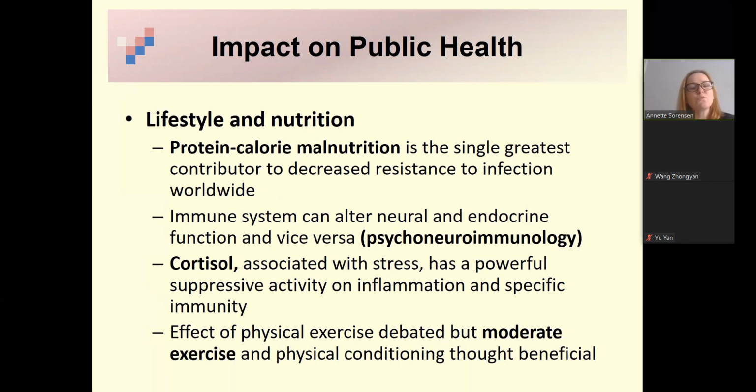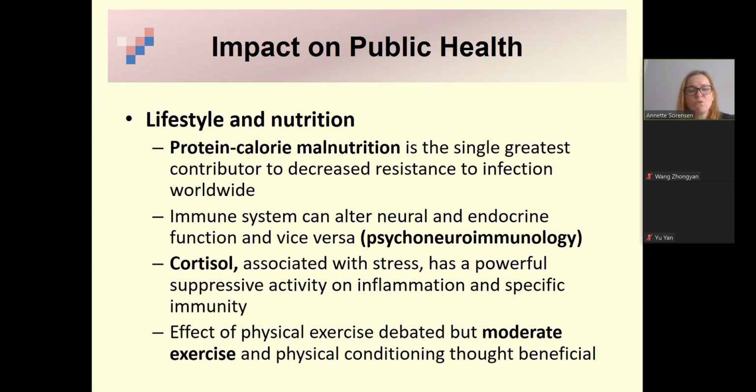If you have malnutrition of calories or proteins, you can decrease your resistance to infections, because you need amino acids to synthesize essential proteins for the immune system. Otherwise, it becomes impaired.